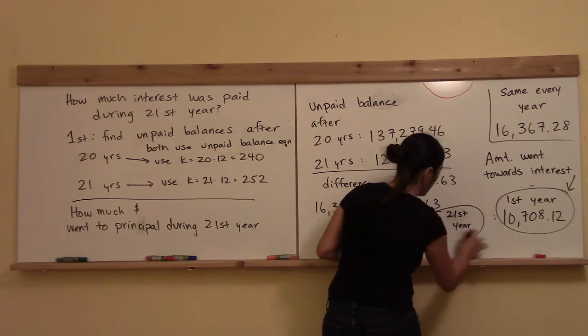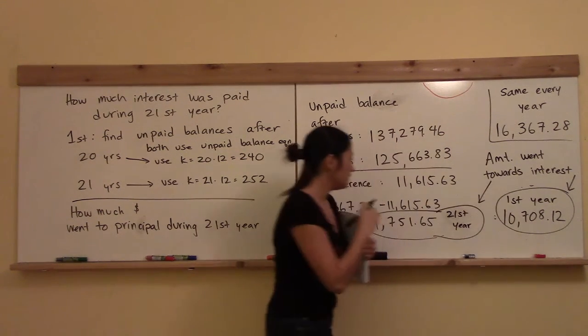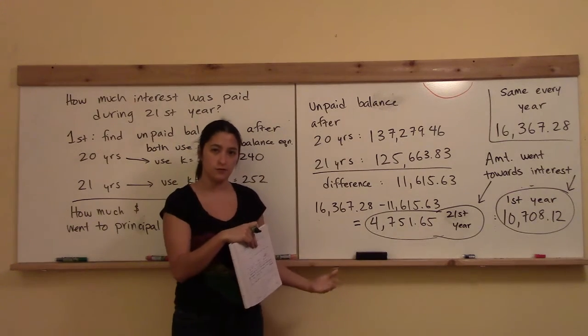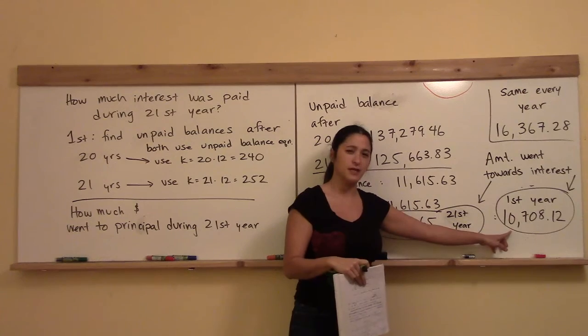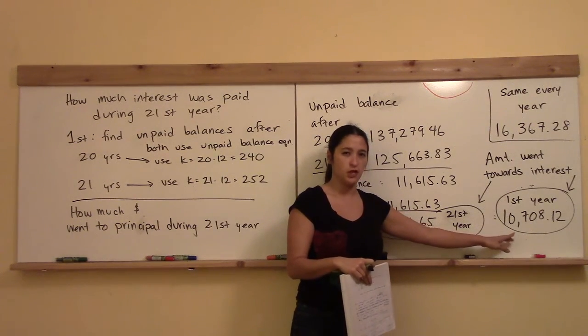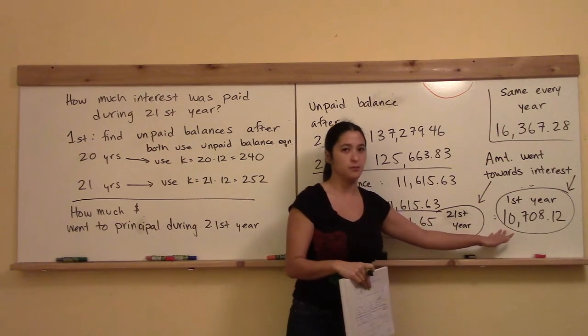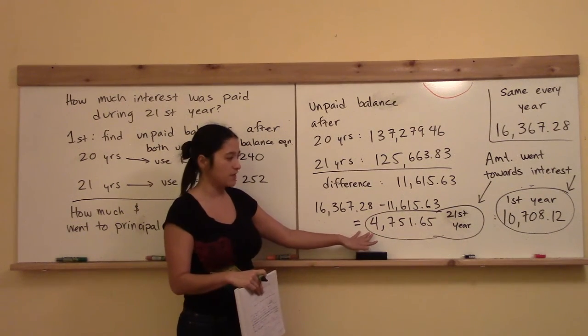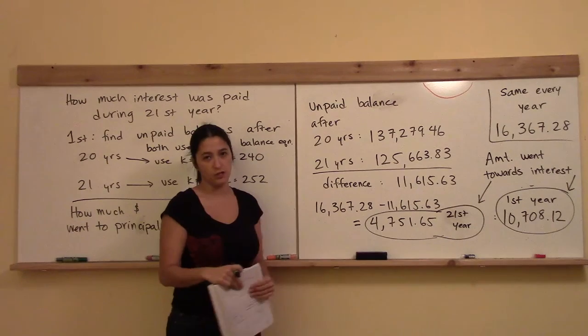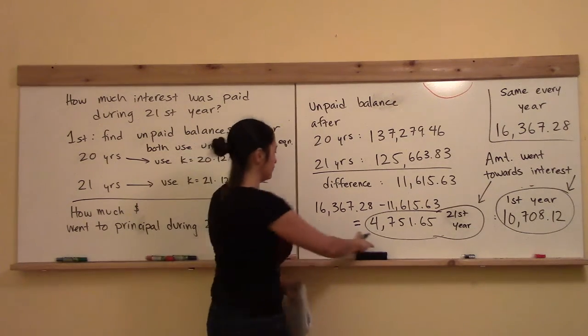And you can see that actually things are getting a lot better for Mary as time moves along on the mortgage, because in the first year she had to pay over $10,000, almost $11,000 just in interest charges, just for the bank. But in the 21st year, she actually paid less than $5,000 in the interest charge. Okay? So there's a major difference over time.